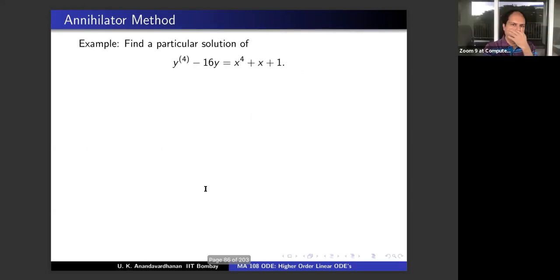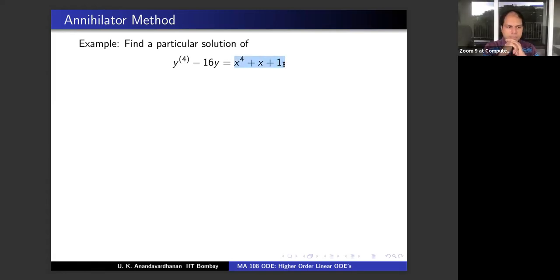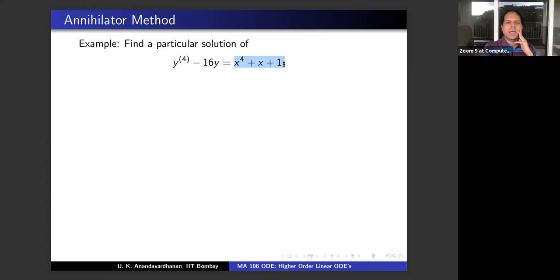For example, let us do what you have to do here. The right hand side R(x) is this. Can you guess an A which will kill this? Give me a constant coefficient linear operator which kills this. D power 5. Very good. And what is L? L is D power 4 minus 16.